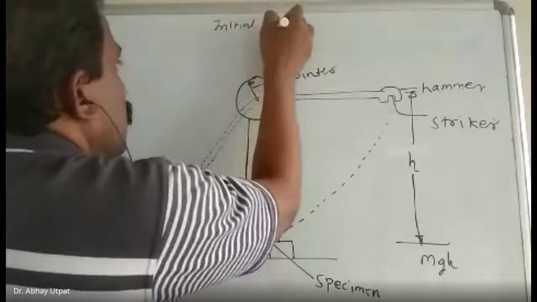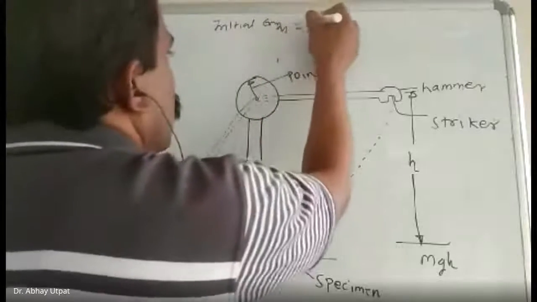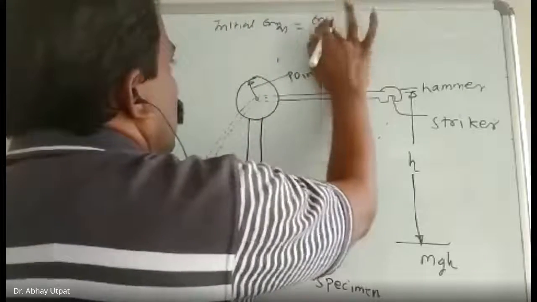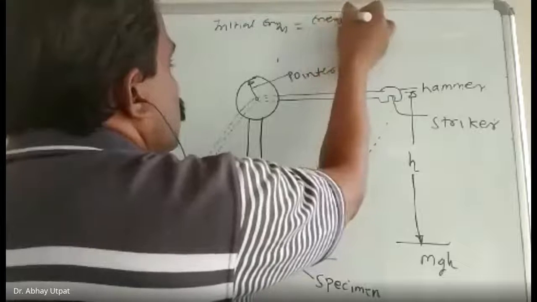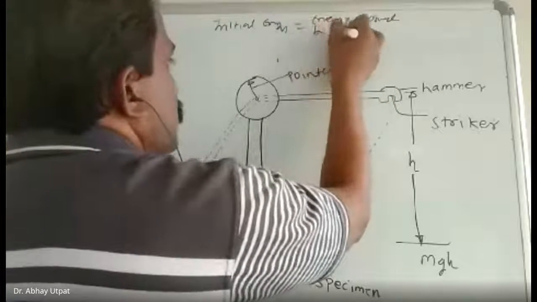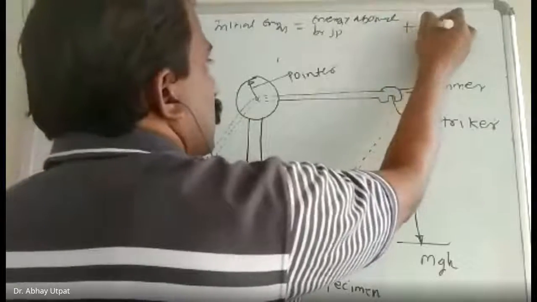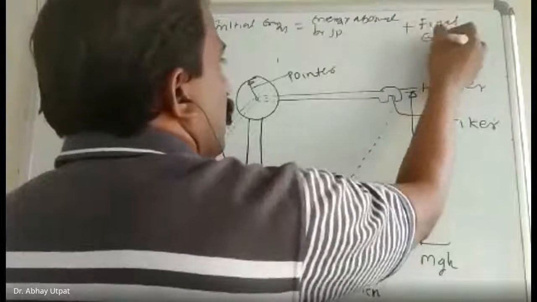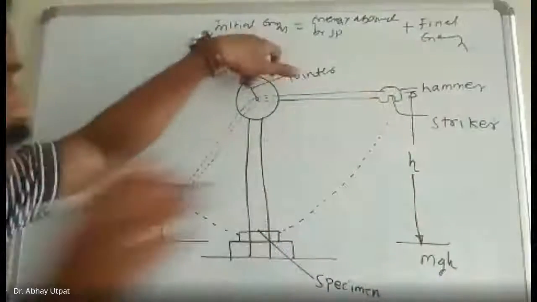Initial energy equal to energy absorbed by specimen plus final energy. Write down this formula.